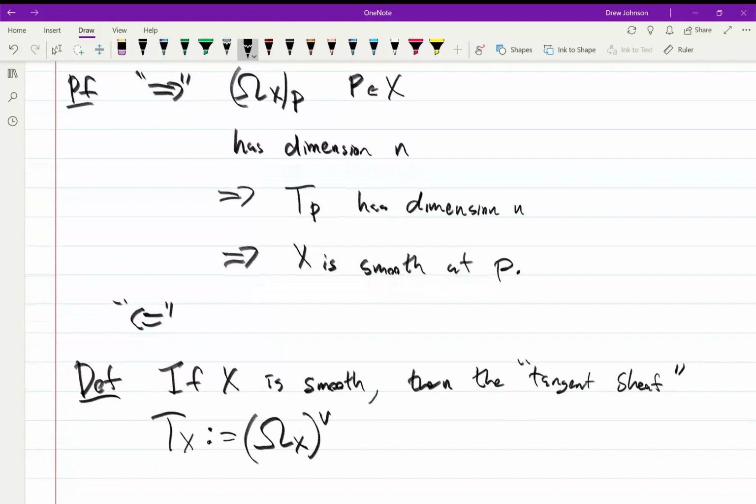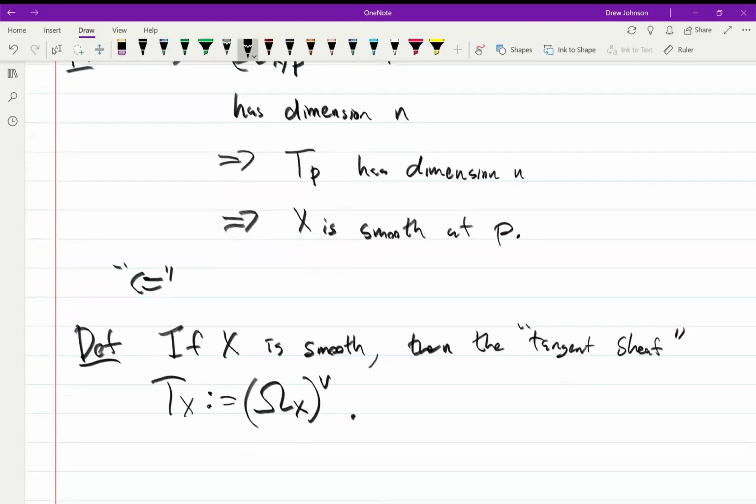All right, so for a locally free sheaf, it makes sense to take the dual, and it's again a locally free sheaf of rank n.